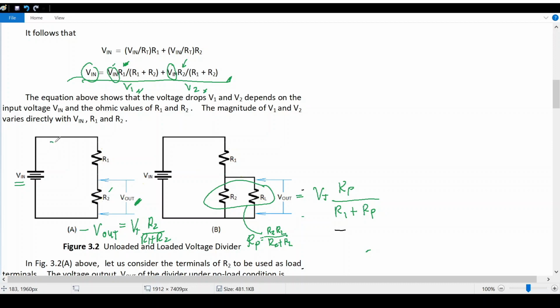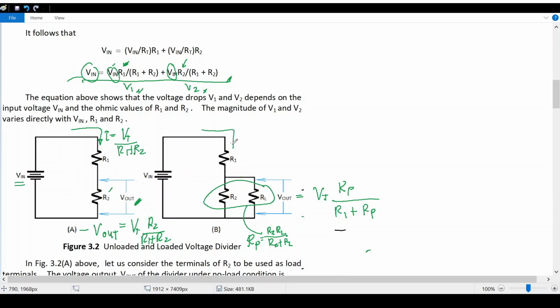So we can see here the current in the circuit is the voltage total over R1 plus R2.